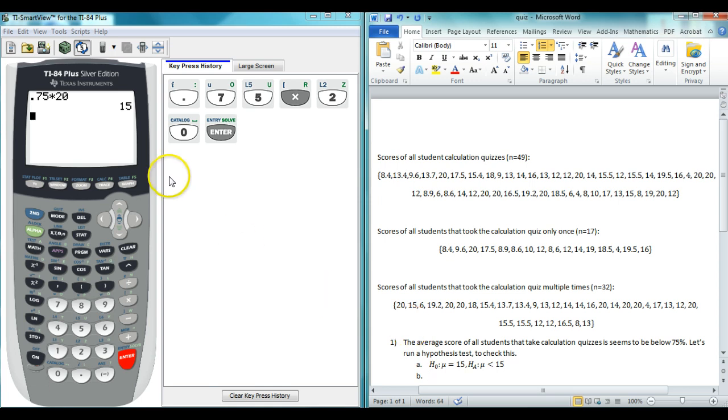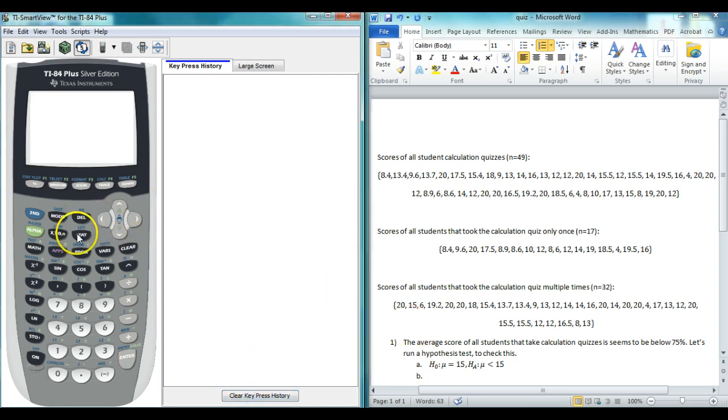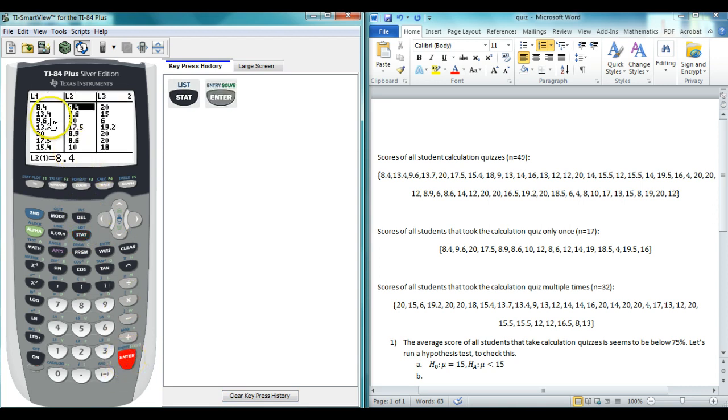When I come over here to the calculator, let me clear it very quickly. You can see that in the stats, I've already set up my editing of the lists. I have L1, which is all the data from over here, 8.1, 8.4, 13.4. The students who took it only once are in L2, and the scores of the students who took it multiple times, 20, 15, 6, 19.2, are already recorded in my calculator's memory.